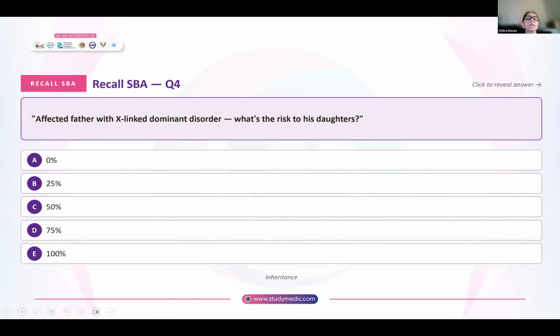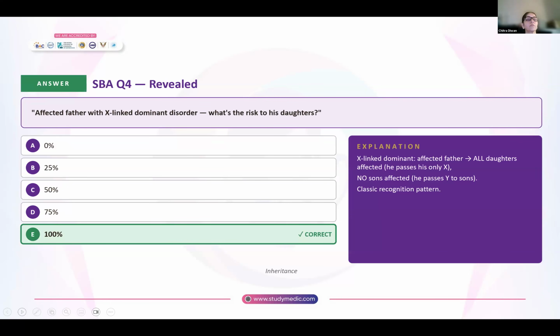So 100%, all the daughters will be affected because it is dominant. And no son is affected because the sons are going to get the Y chromosome, which is normal, and the X chromosome from the mother.